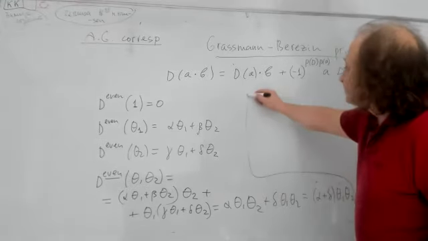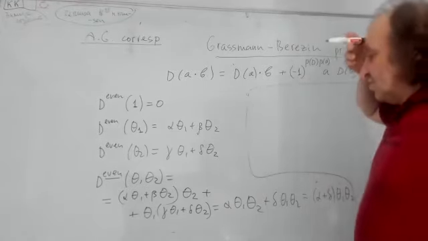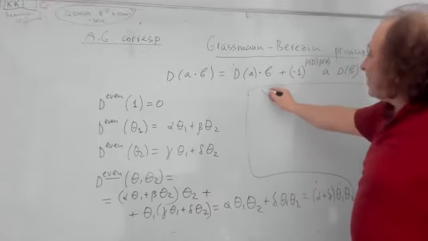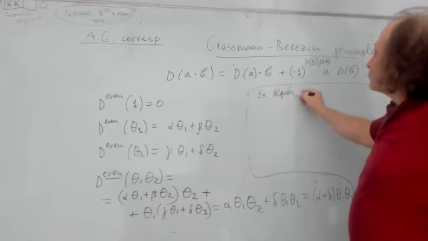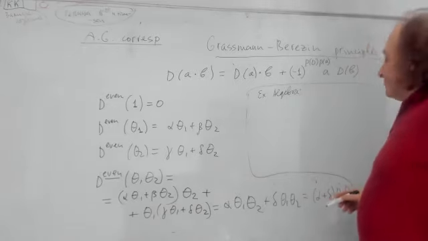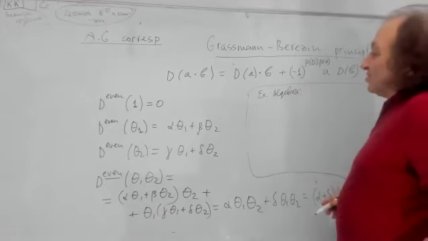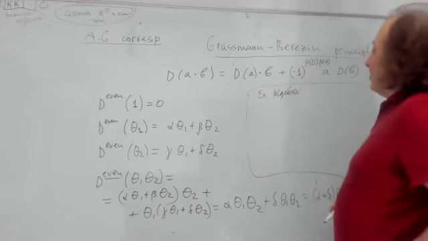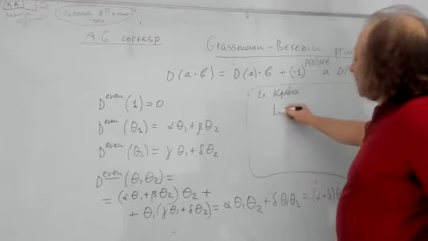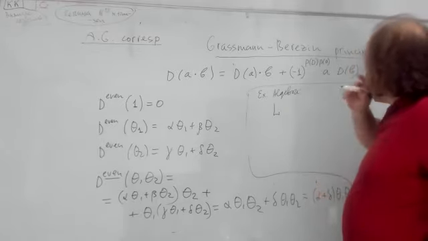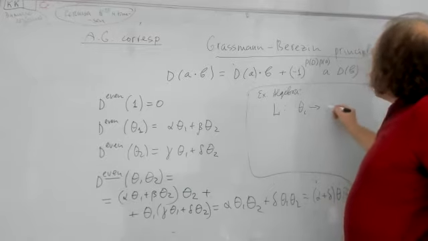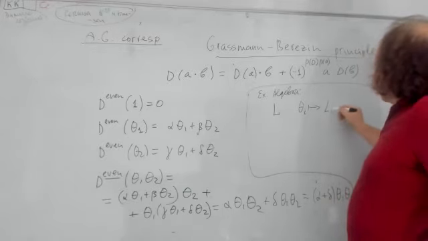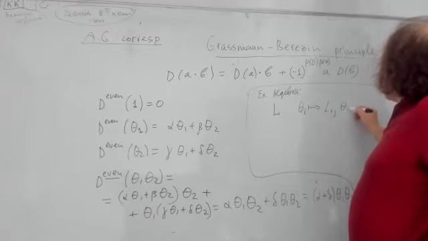So suppose I have this exterior algebra. And now I'll have not derivation, but the full linear map L that takes theta i into L_ij theta j.